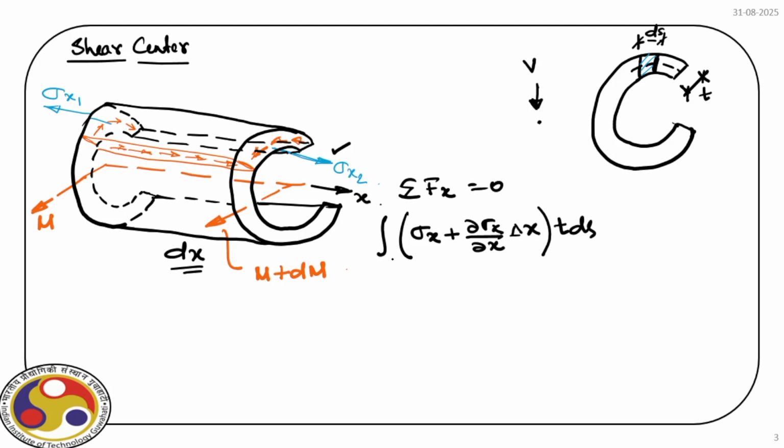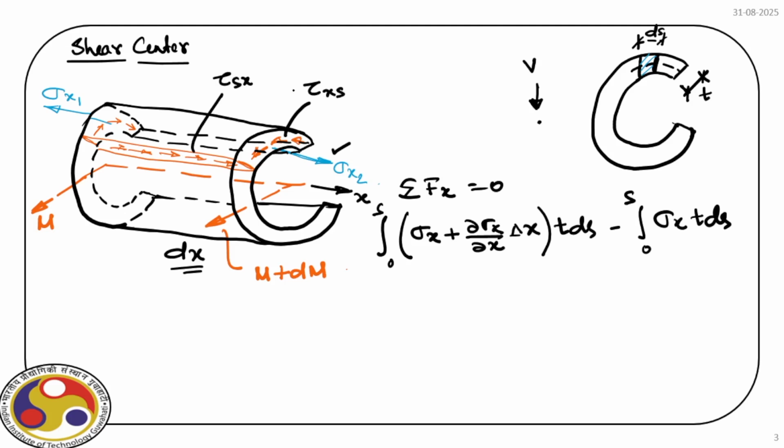So what we have to do, we have to integrate from 0 to s over the full curve length. Now this is over the right face, then minus, again on the left face we have sigma x, then t times ds, integrated over 0 to s. Now this shear stress, say tau, is acting over the x plane and along s, so we call it tau xs, and obviously this shear stress we call tau sx.